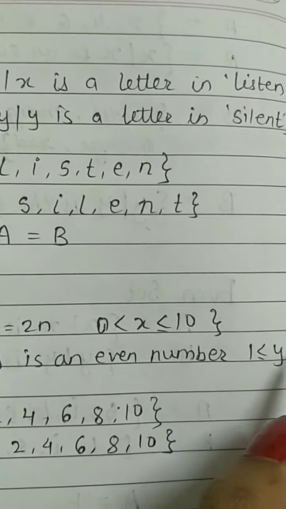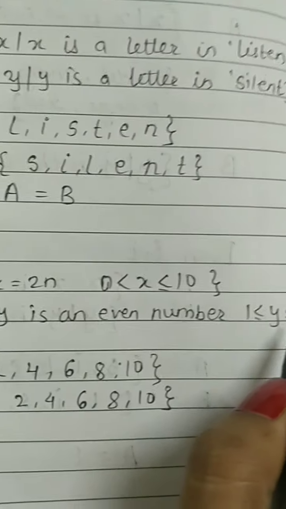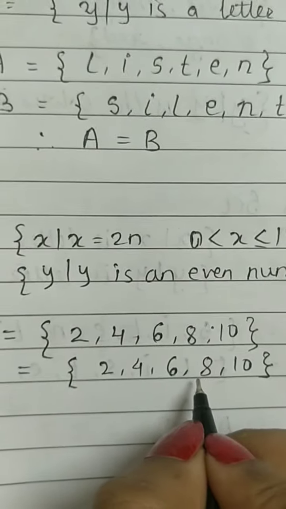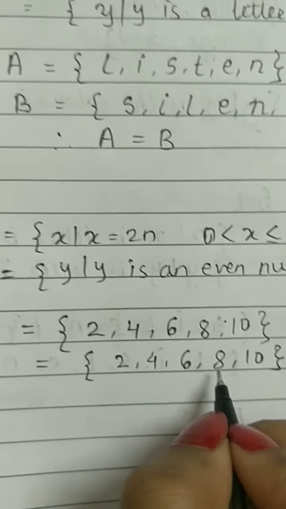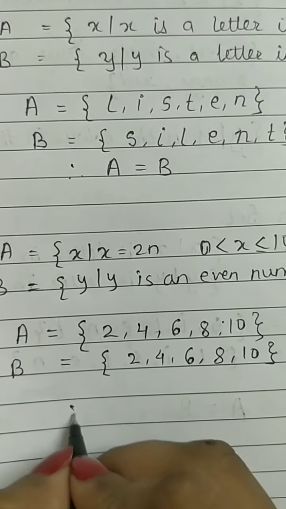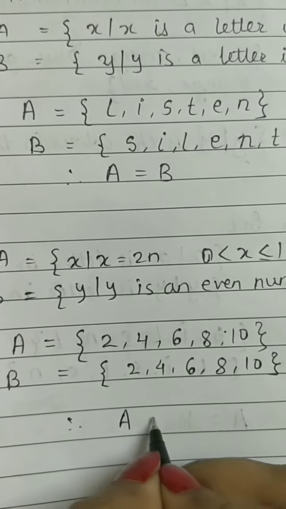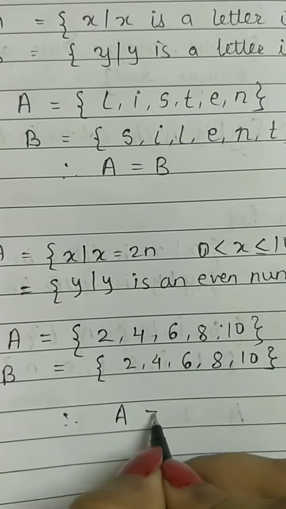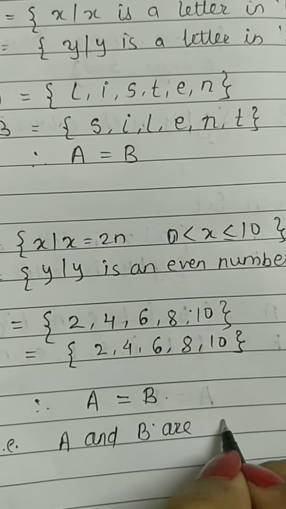If it was only less than 10, then we would have written till 8 only. Okay. Now if you observe, all the elements of set A are in set B, therefore we can say A is equal to B. That means A and B are equal sets.